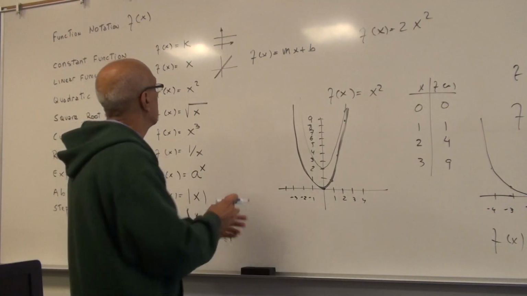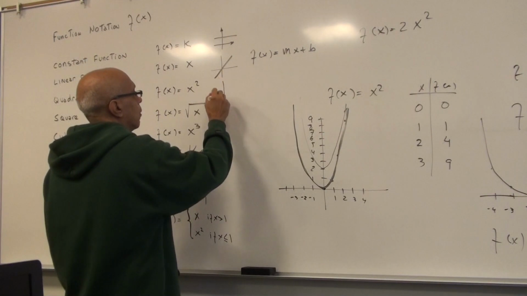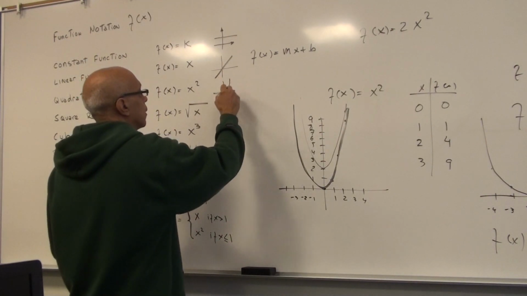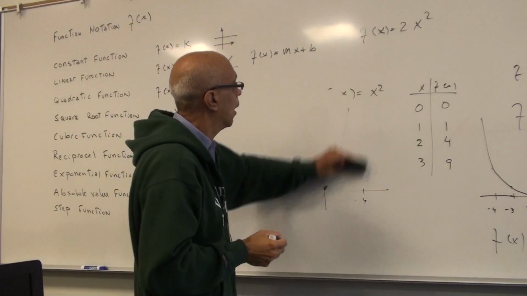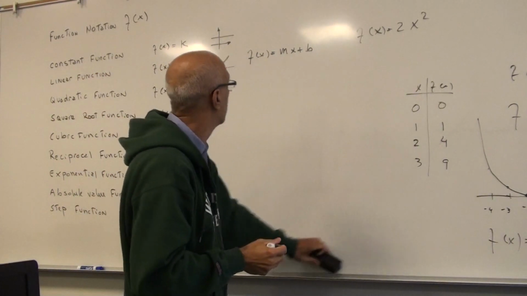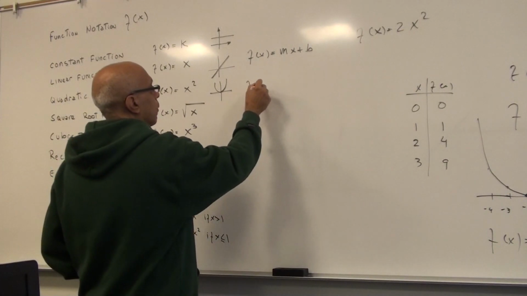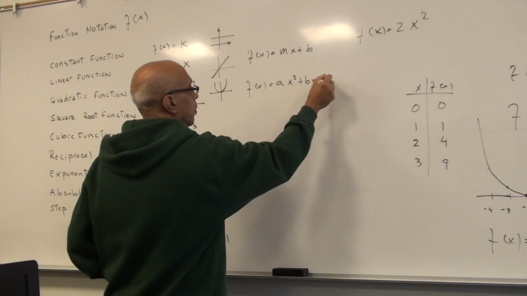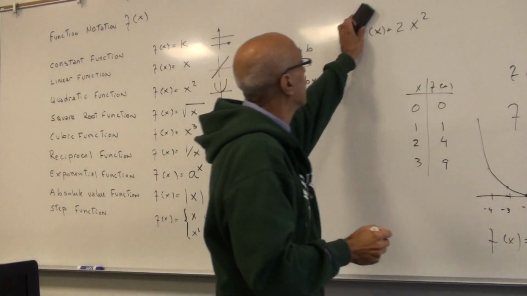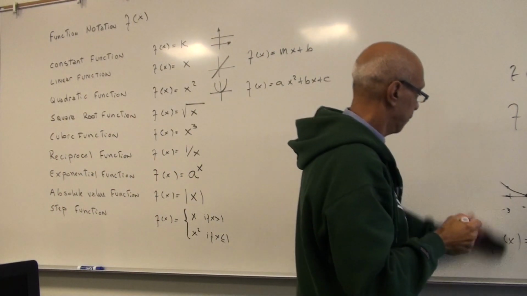Okay, so now let's make my little draw here, so it's a reminder, so you know this is a parabola, okay? And actually the general form for the quadratic equation is going to look like ax squared plus bx plus c. So let me erase all this now.